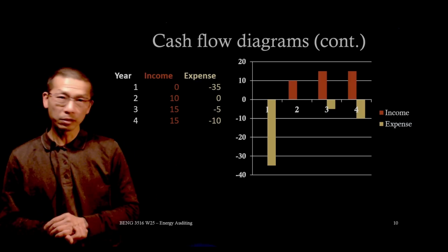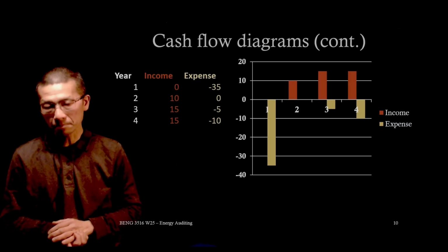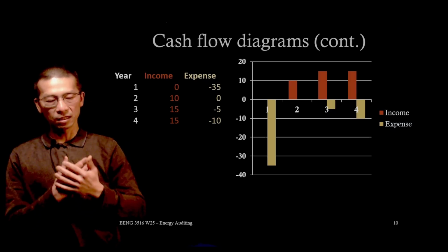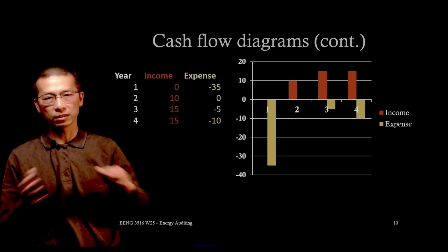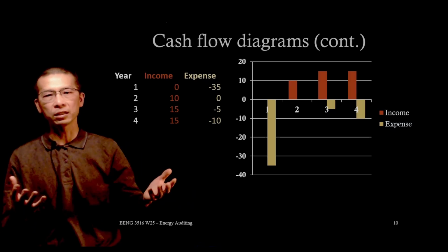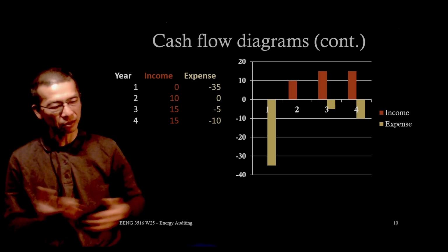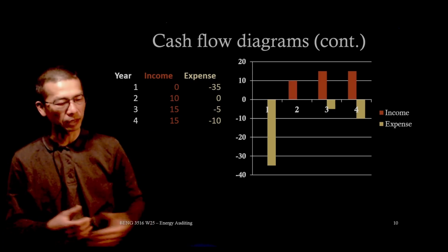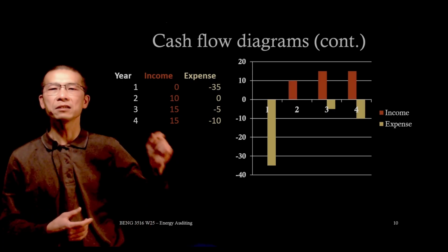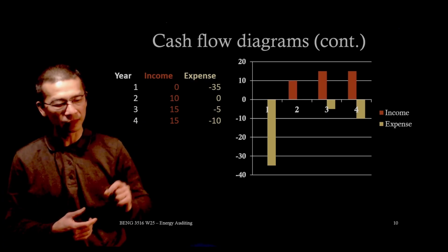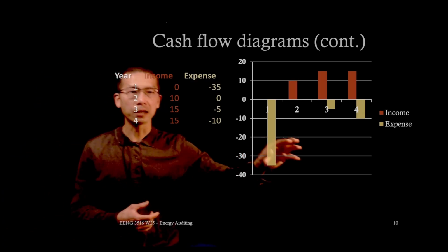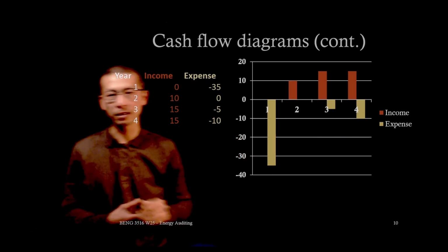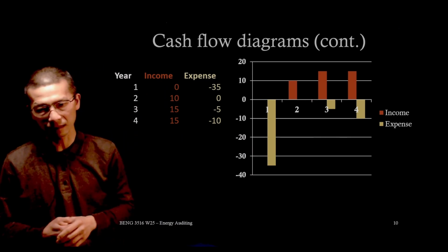Year number 4, the final year of the pilot project, the operation has matured. You know what's going to happen, how much you spend, how much you can save. And let's say this year income 15, expense 10. You still have a net positive 5 unit gain, right?